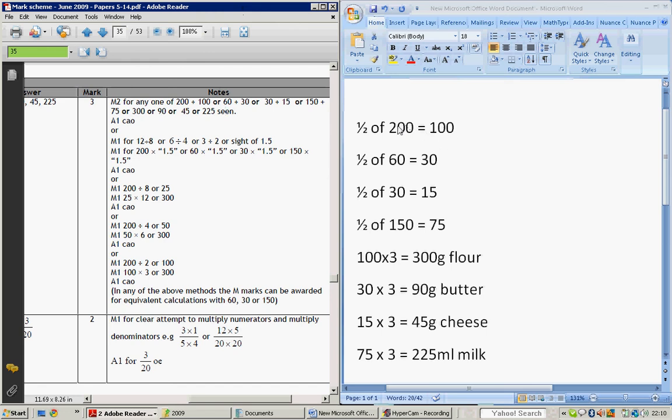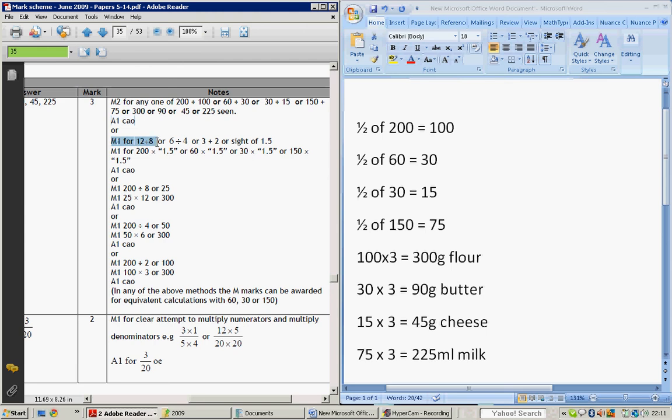So all they need to do is half this amount to get 1/3 and add the two together to get 3/3 to get 12. This is 2/3 of the 12 scones recipe. Half of it would be 1/3. They would add the two to get the amount you would need for 12 scones. That's quite clever. Okay, A1 for the correct answer.